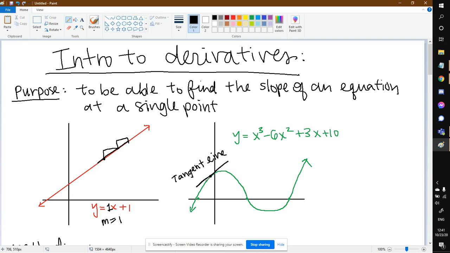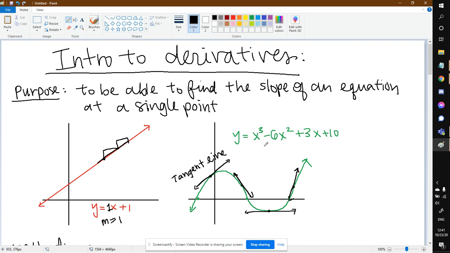It just touches it once at a single point. So that's the tangent line for, say, -1. The tangent line here just touches it once. And what we're going to notice about tangent lines is if it just kisses it once, we get to talk about the steepness at any certain point of our green function by talking about the slopes of these tangent lines that are associated with them.